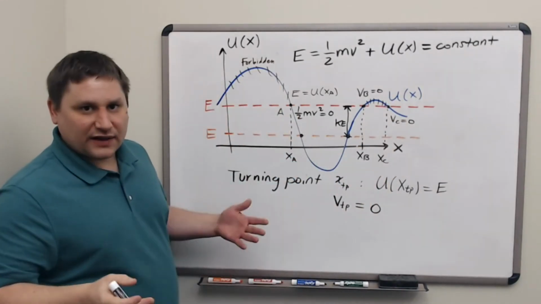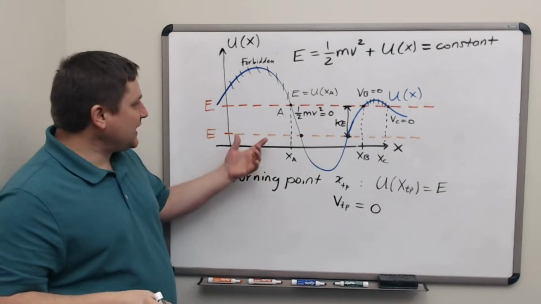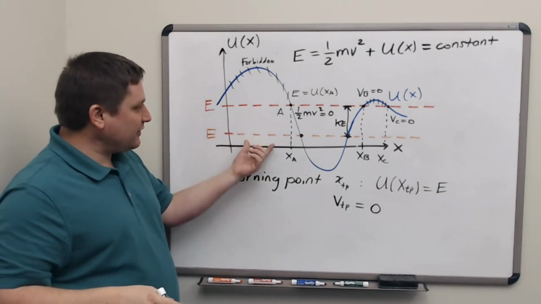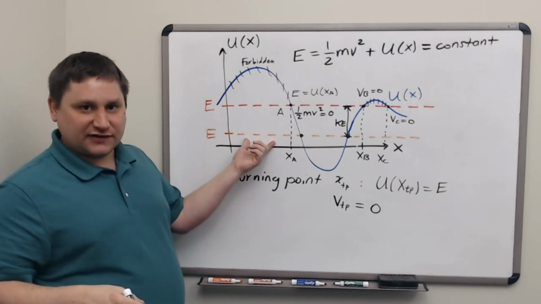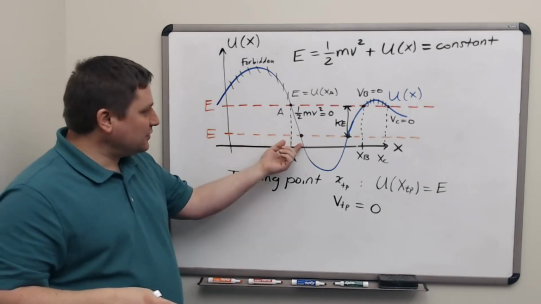Notice that if the total energy were to change, say from the red dashed line down to the orange dashed line, the forbidden regions would also change in size because the turning points move.